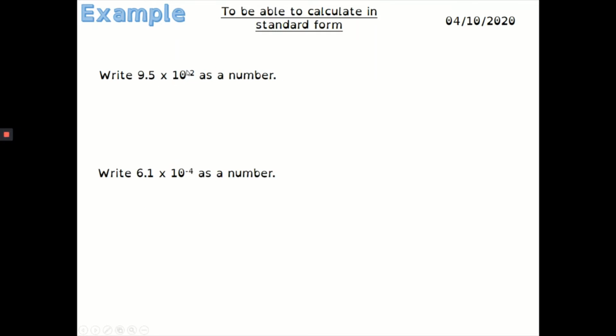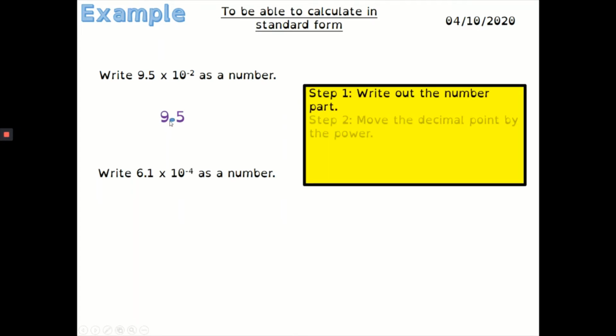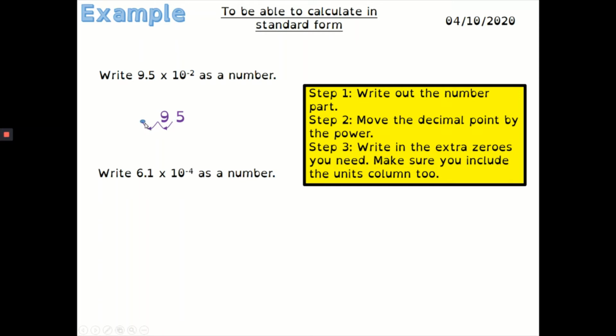For 9.5 times 10 to the power of negative 2, again I write out the 9.5, I move it to the left twice, it's going to go there, I'll need a 0 in the gap here and a 0 in my units column, so it's 0.095. For 6.1 times 10 to the power of negative 4, again, fill in my gaps with zeros, include a 0 in the units column, so it's 0.00061.